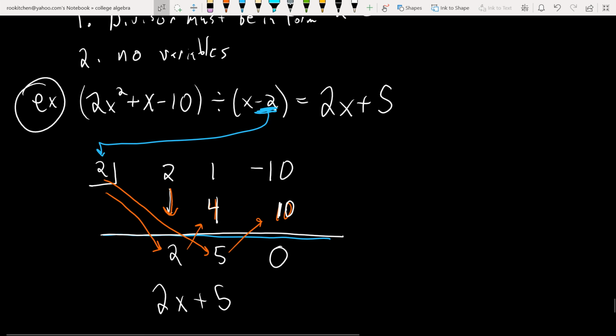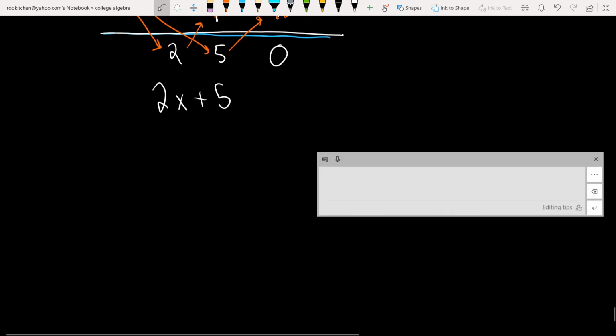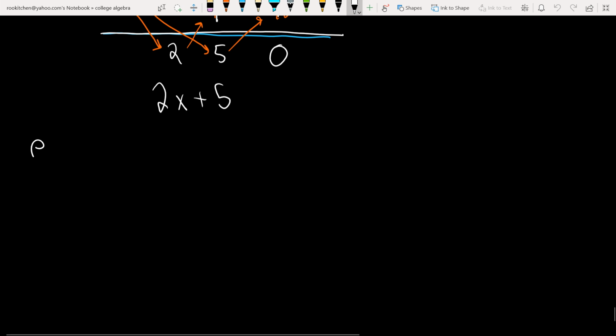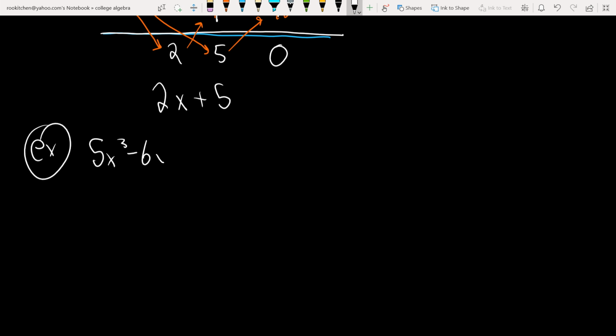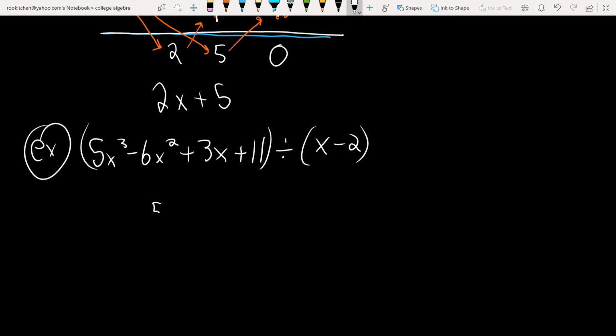Okay. Let's try another one. We have 5x cubed minus 6x squared plus 3x plus 11 divided by x minus 2. Again, list out all the coefficients here.